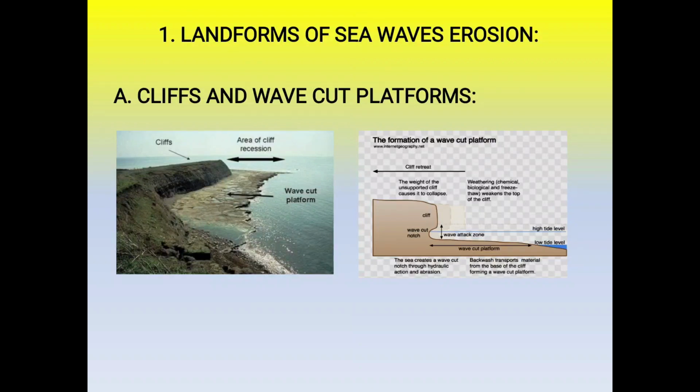With the constant work of waves, the cliff becomes more and more prominent as it gradually retreats back. In due course of time, the wave cut platform becomes wider and wider.